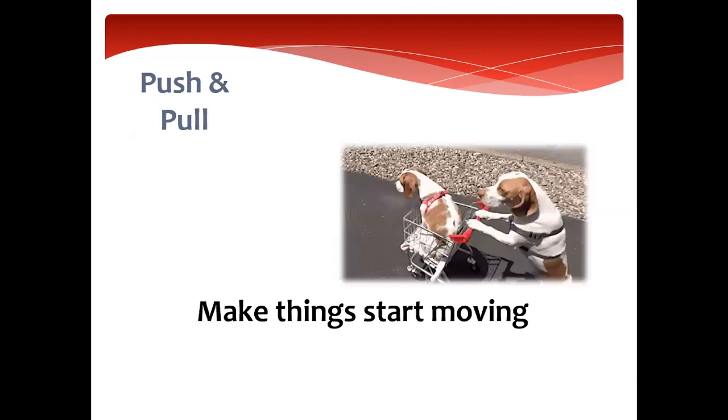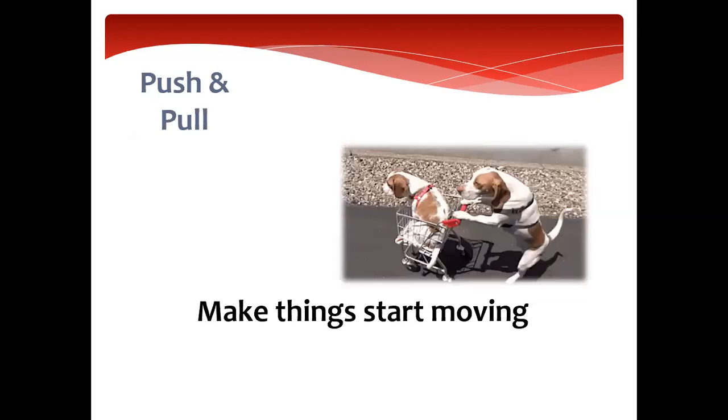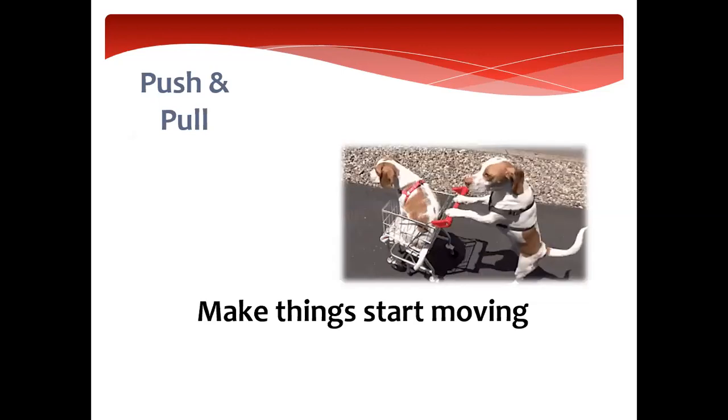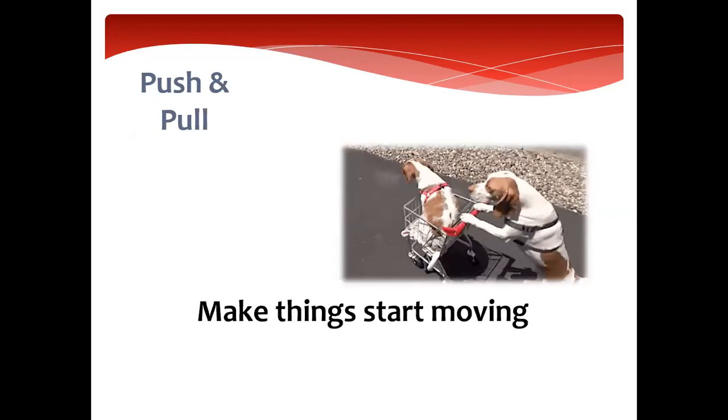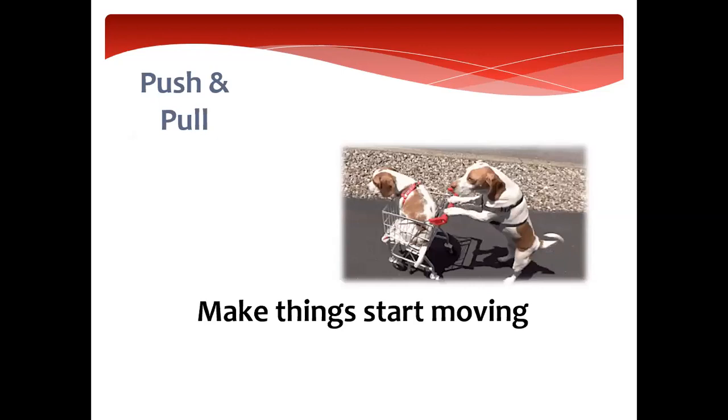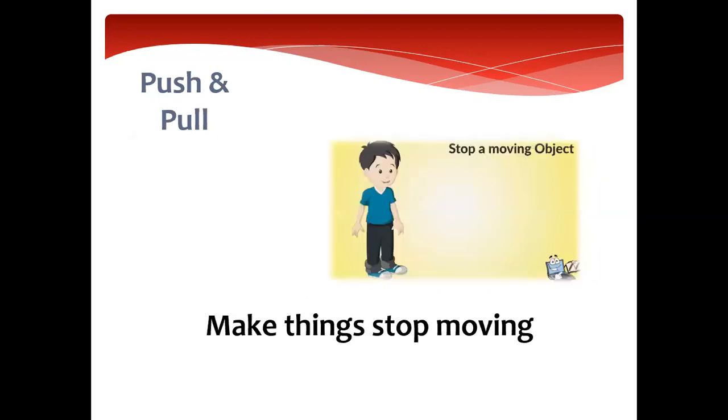Then we said why push and pull are important: because they make things start moving. If things are standing still and I want to start moving them, I must push or pull them. The second thing, if the things are moving and I want to stop them from moving, I must catch it or push it or pull it. Okay, so this is the second importance.